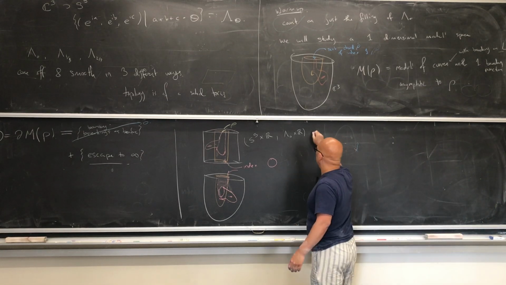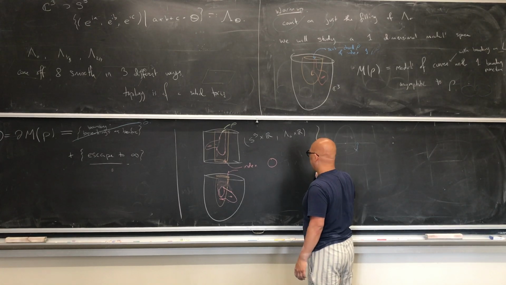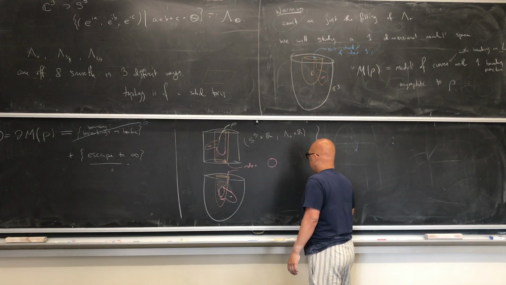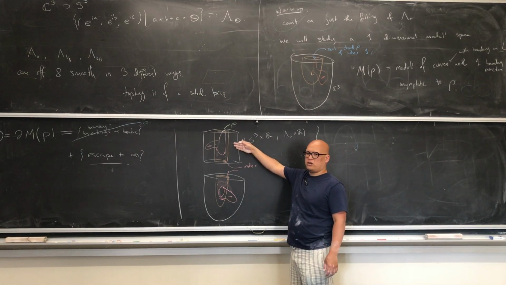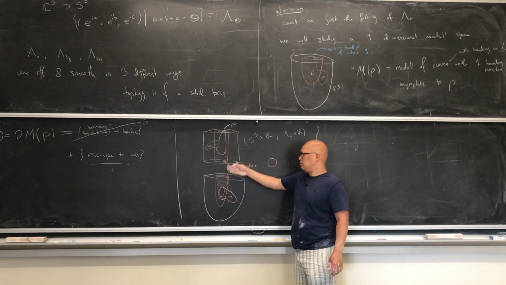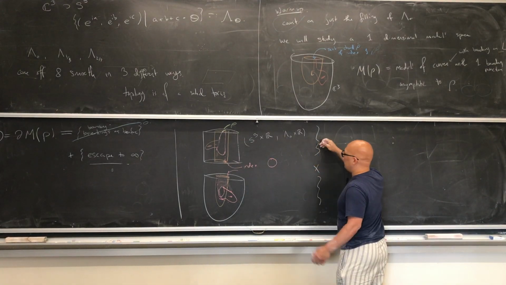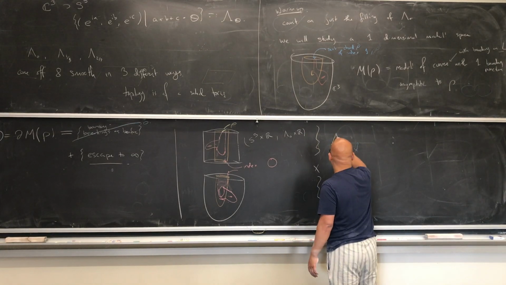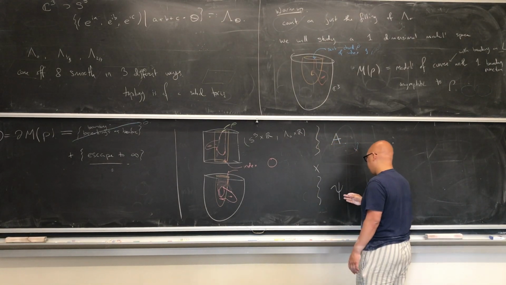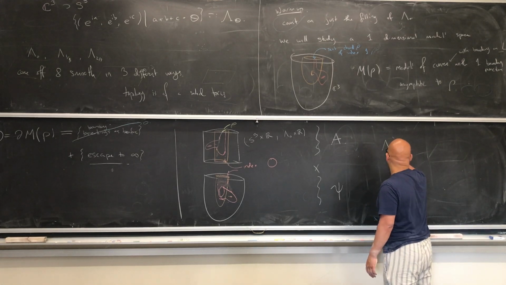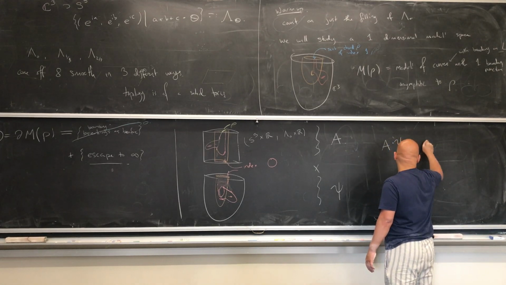It's this times this. And why times? Because I can combine anything that looks like this with anything that looks like this. There's no interaction. So if I call this total count A, and this total count, which is the count I want, psi, then A psi equals 0.